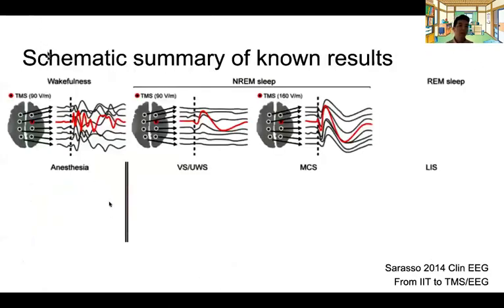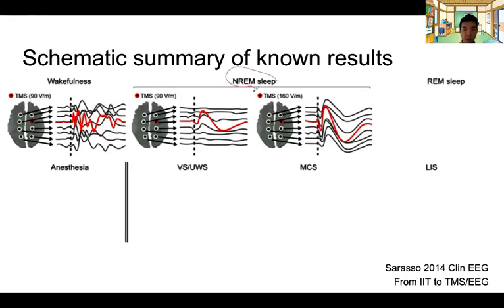And this is a schematic summary of the known results when Massimini's group tested many different states of consciousness. First, wakefulness: if you stimulate this particular area of the brain by TMS, it propagates to other areas and also sustains activation for a longer time.